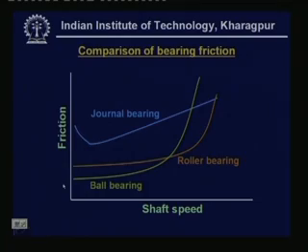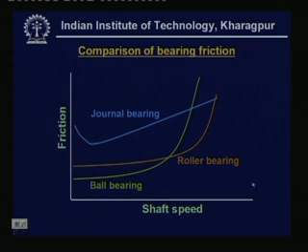Now, first of all, let us have a very quick comparison of bearing friction, because friction will always be there, and one has to look at reducing the friction in the bearings so that the operation is much smoother and power loss is less.